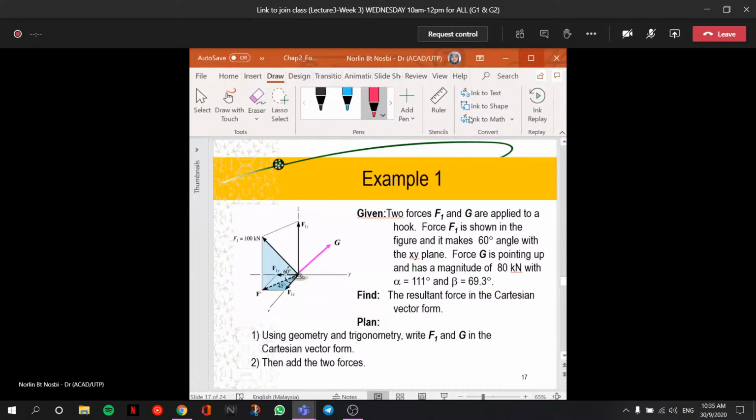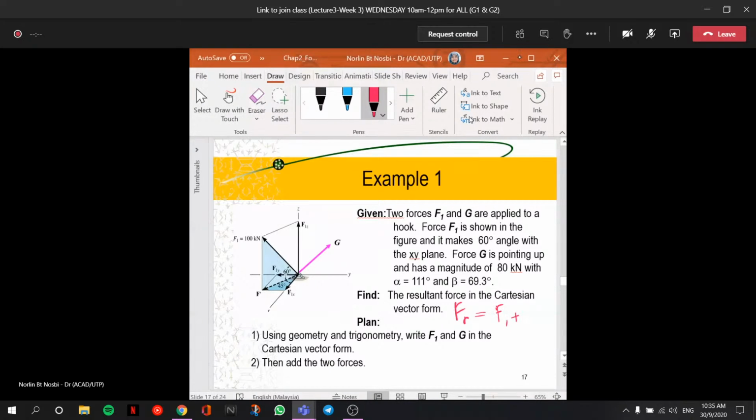So the plan is you need to use trigonometry to write F1 and G in Cartesian vector form first. And then you can add F1 and G, because you want to find FR, right? FR is equal to F1 plus G. So before that, you need to find each of these Cartesian vectors.